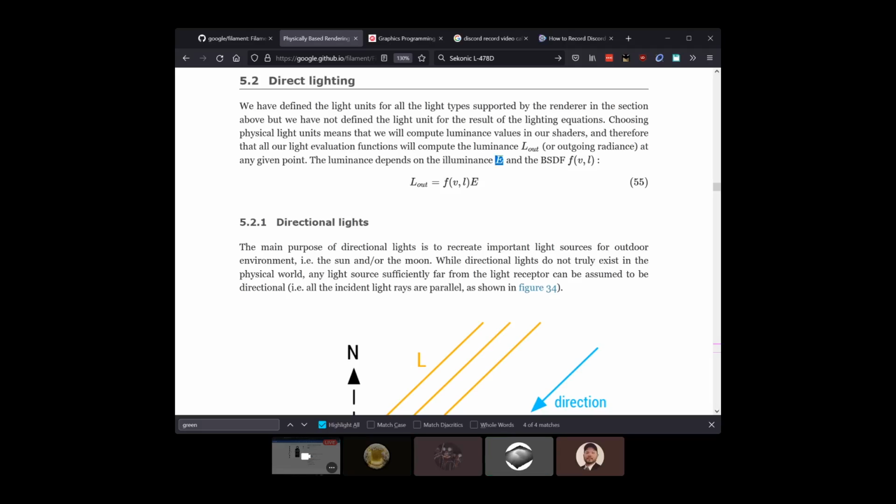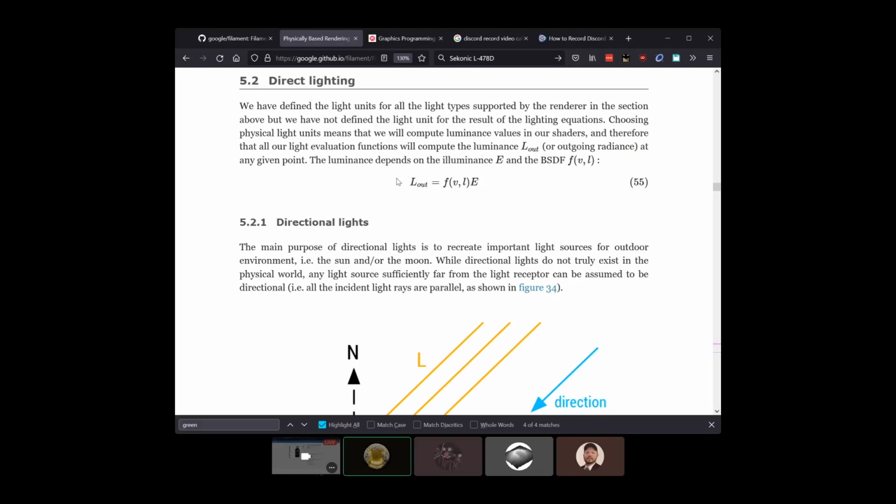So they have an illuminance of the light and then the BSDF that they calculate it from to get the output, or the lighting contribution. That's how I read that. That makes sense, I think, doesn't it?